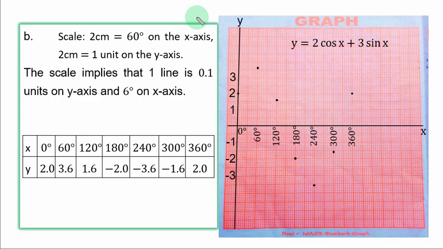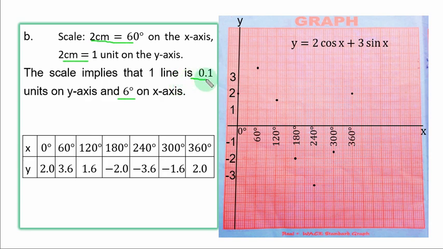B part of the question. So let's start with the scale. 2 centimeters to 60 degrees on the x-axis and 2 cm to 1 unit on the y-axis. The scale implies that on the x-axis, one line is 6 degrees, and on the y-axis, one line is 0.1.